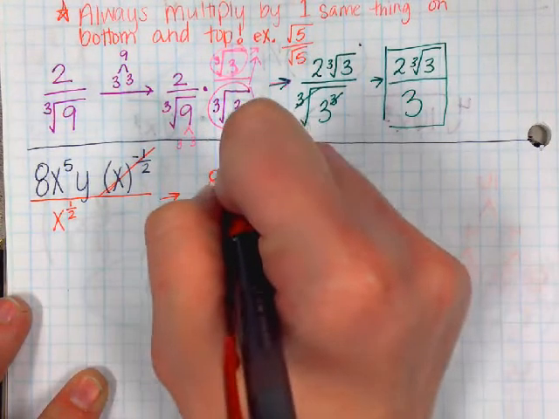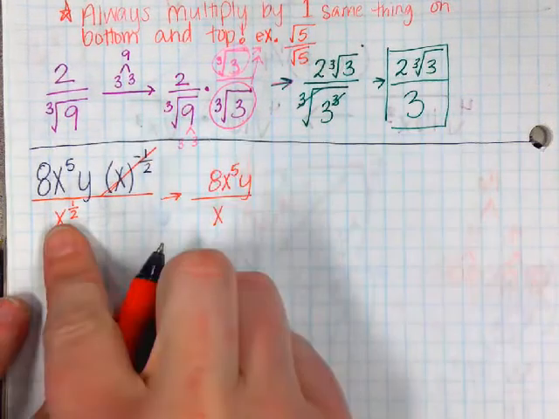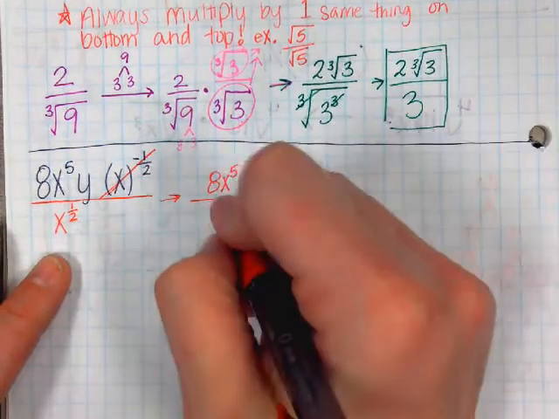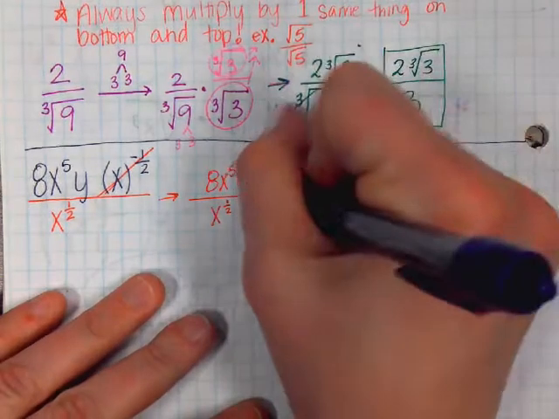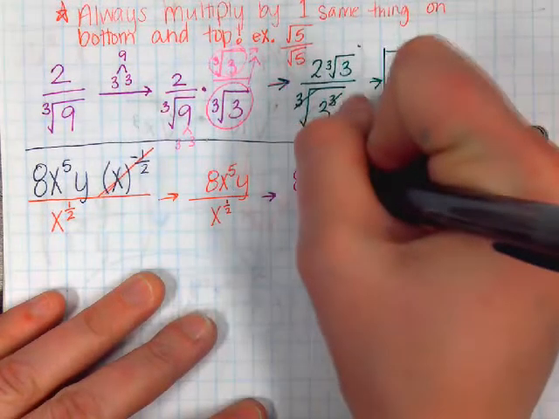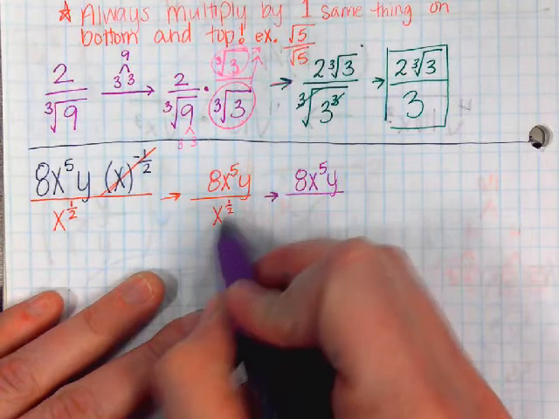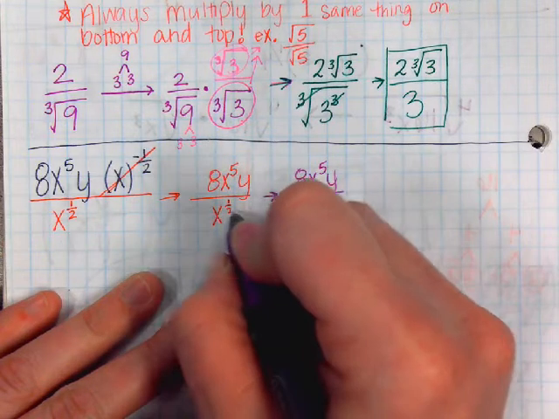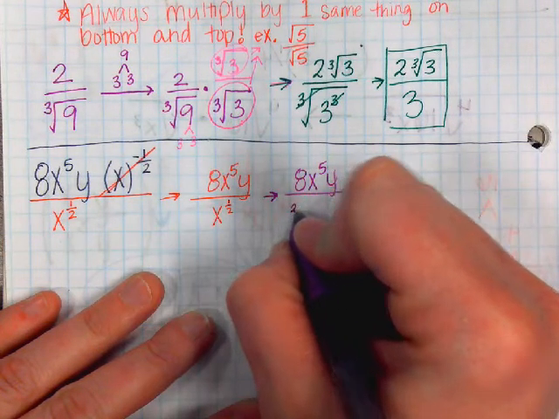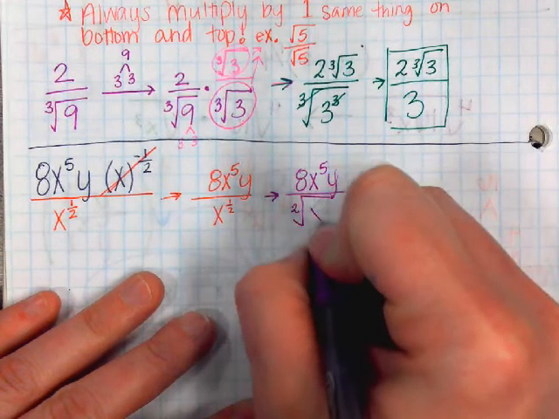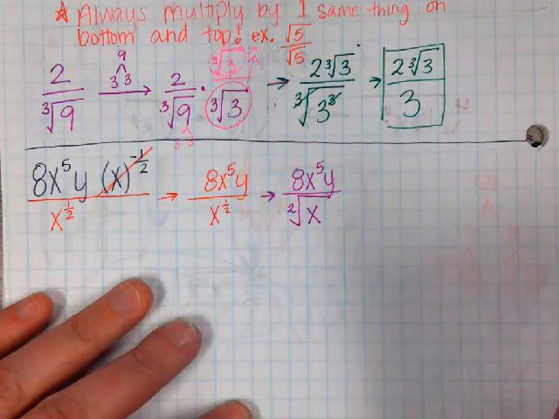So then I would have 8x to the 5th y divided by x to the 1/2. And then 8x to the 5th y is still the same. And I'm going to rewrite the 1/2 as a radical. So the denominator becomes the index, so it would be square root of x.